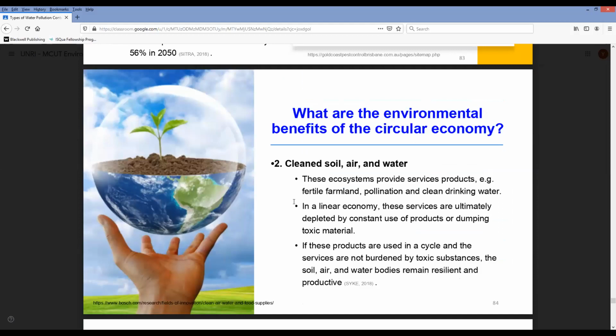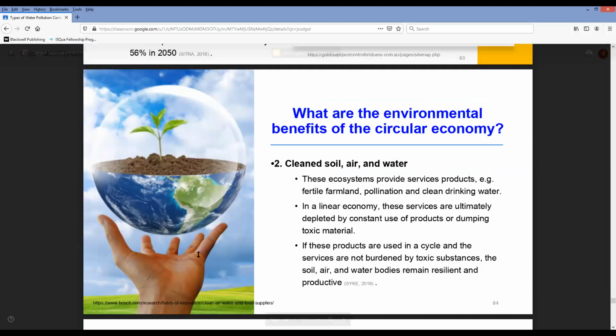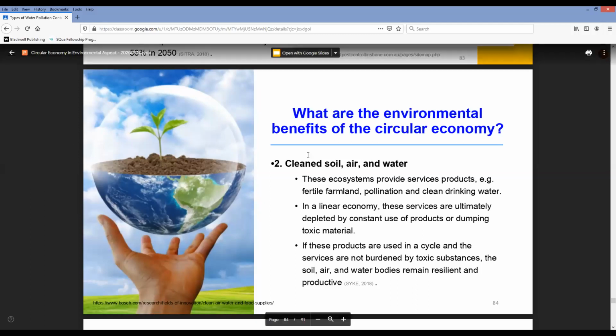And then what is the other benefit? We will have clean soil, air, and water. So it means people won't get sick easily. Actually, in Taiwan right now we also have a wastewater treatment problem, because some companies or industries just discharge the wastewater to the river directly, without using a wastewater treatment process.